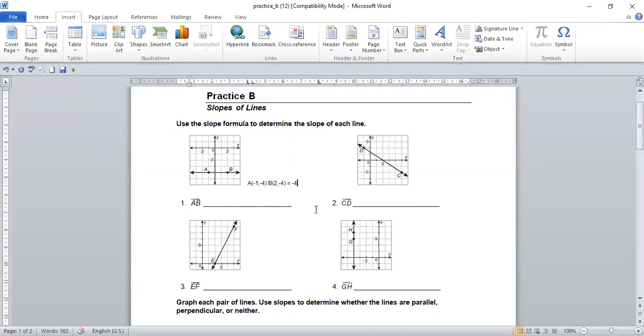Okay, fine. So -4 minus, that's y2 minus y1, over, that's going to be down. Now it doesn't let me edit, so I'm just using this sign for down because anyhow we are going to divide it. So x2 is 2 minus -1.